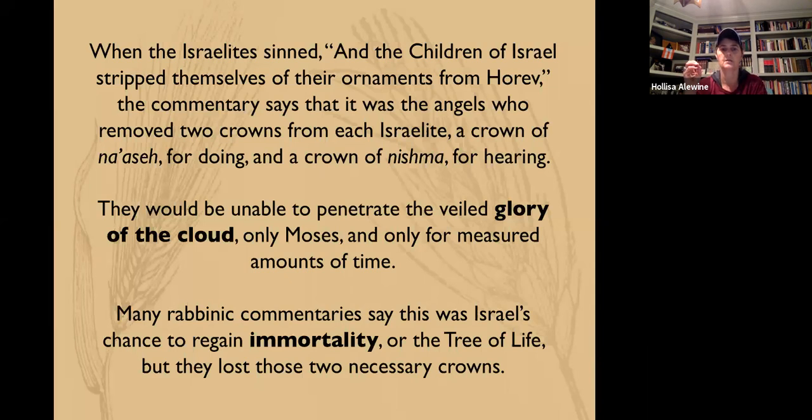But remember, those two crowns, doing and hearing, when they received those crowns, according to the rabbinic understanding, this was Israel's chance to regain immortality or the tree of life. This was an opportunity to rectify things, to be an example to the nations of this is how we go back to that immortality, to the obedience of the garden.